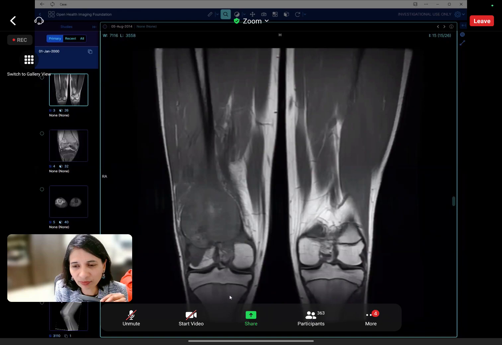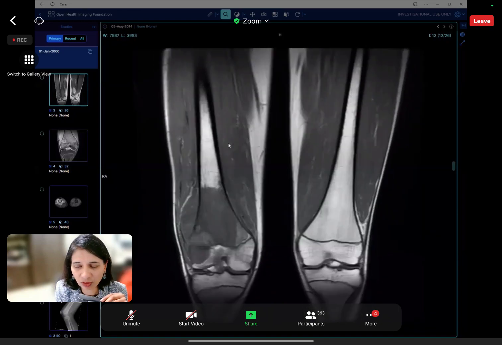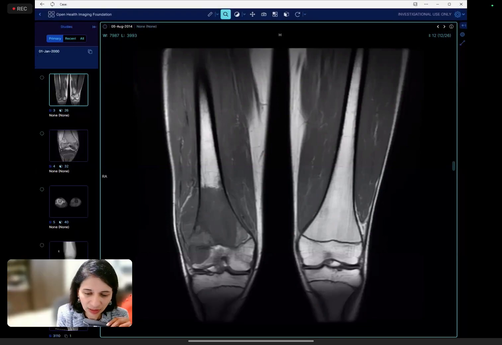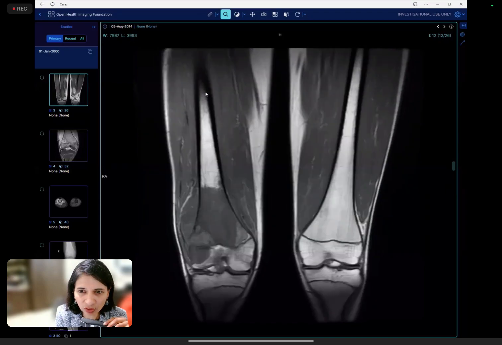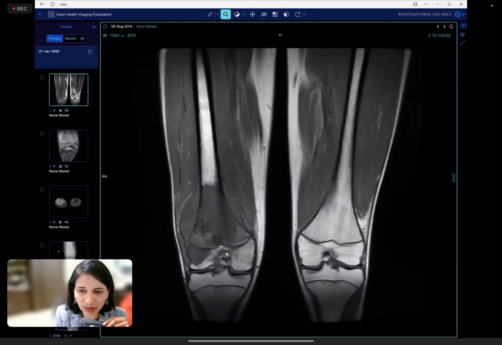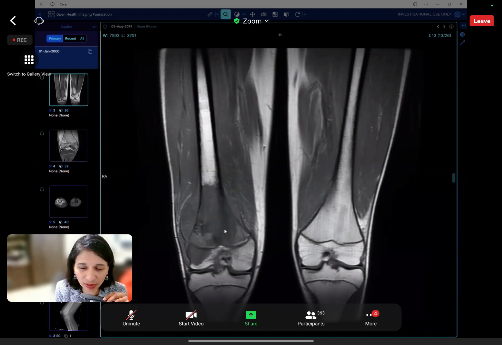What you're looking for is local staging. So you will complete the explanation saying that because this is a primary bone tumor, this has to be sent urgently to the tertiary bone center. When you are doing the local staging, you need to make sure that the proximal joint is also included, because you want to make sure there are no skipped metastases in the bone.